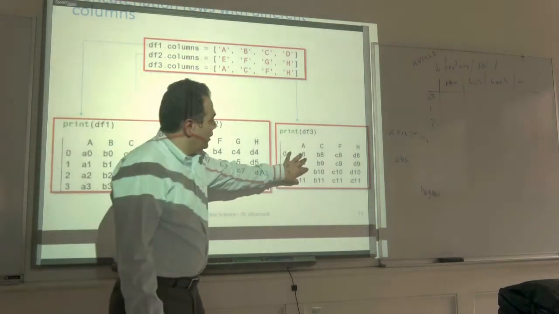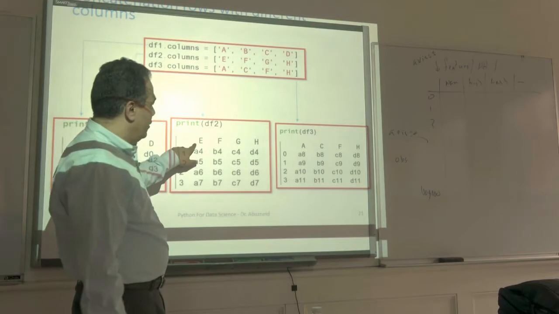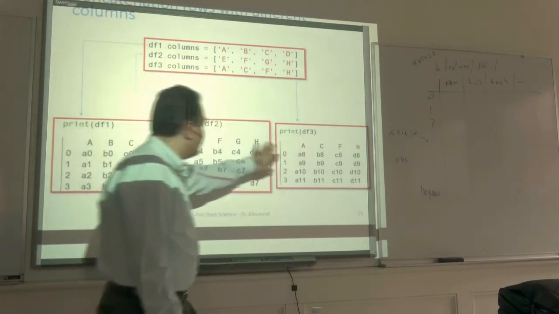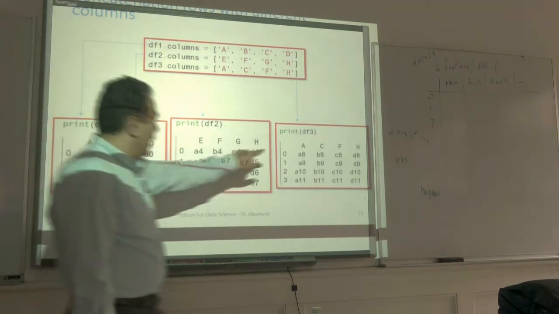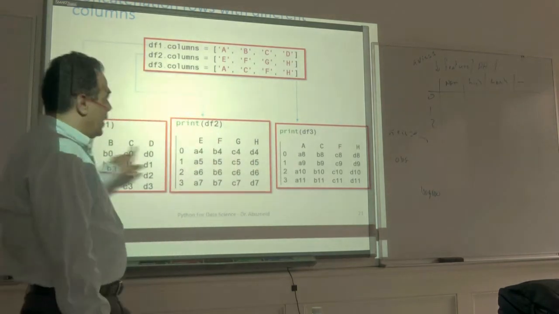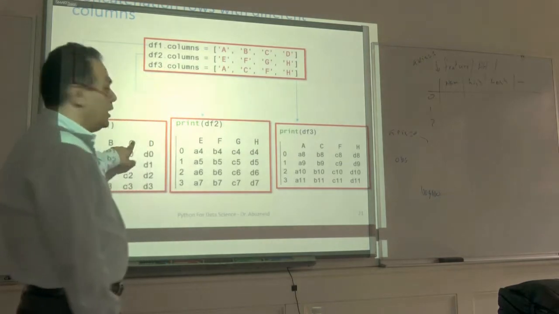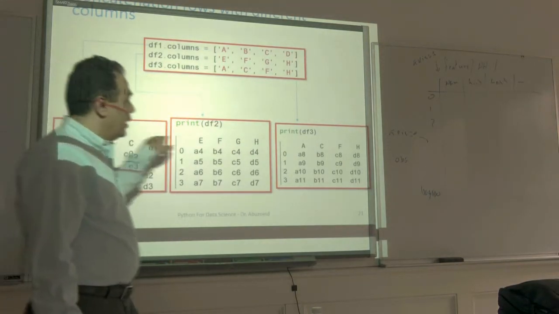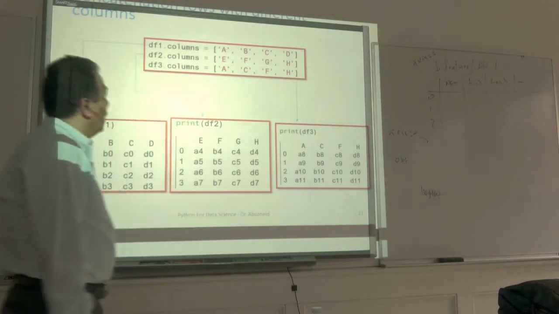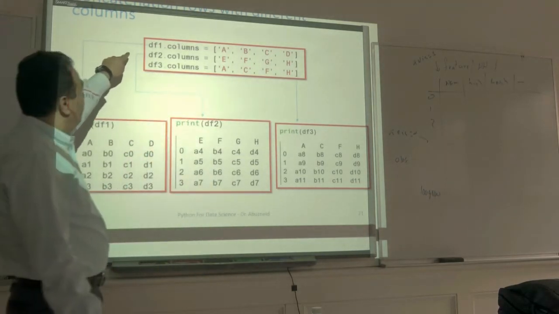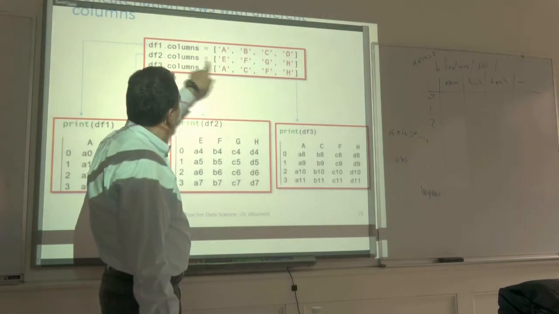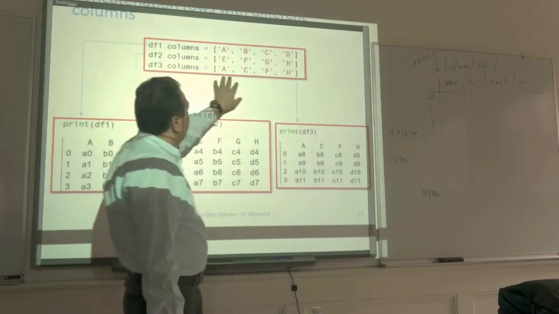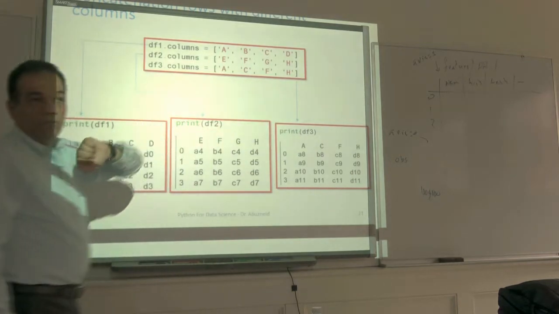But this one intersects with this, with H and F. And this intersects with this, with the A and the C. So the columns of the first is A, B, C, D. The columns of the second, E, F, G, H. And the columns of the third one, A, C, F, H. Right?